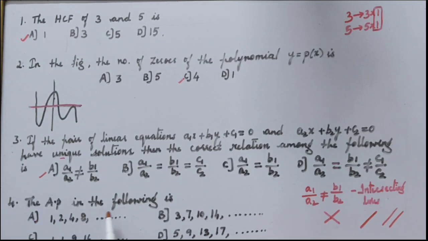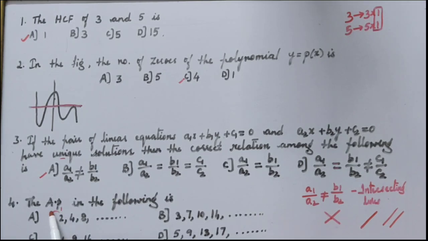The AP in the following is AP, arithmetic progression. We need to check the common difference in each case. Here 2 minus 1 is 1, 4 minus 2 is 2, 8 minus 4 is 4. That means we don't have any common difference here, right?